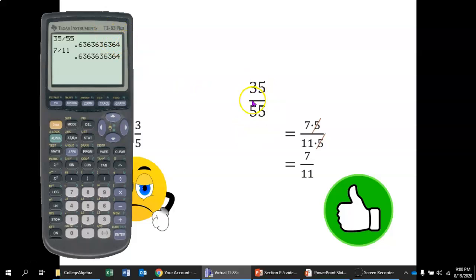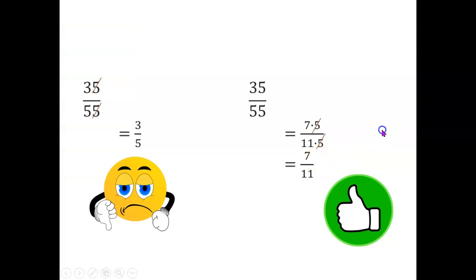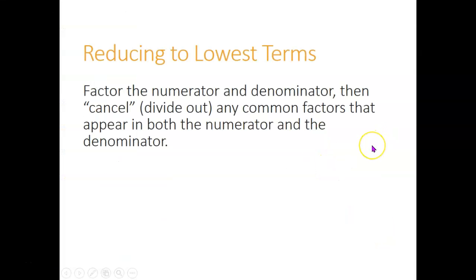We took our fraction, we factored the numerator and the denominator, and then we looked for common factors that we could cancel out. So that's the procedure for reducing a fractional or rational expression to lowest terms. Factor the numerator and denominator, and then cancel, which means what you're really doing is dividing out any common factors that appear in both the numerator and the denominator.